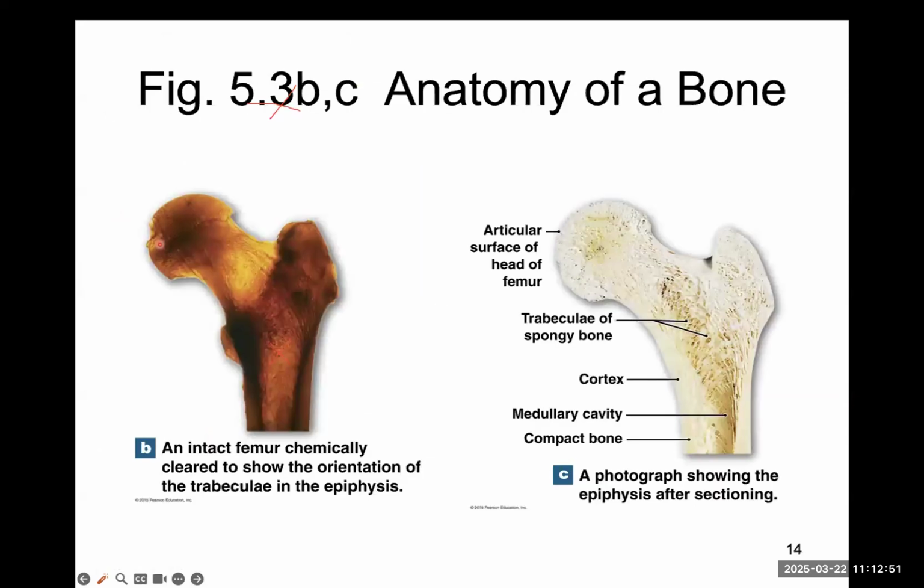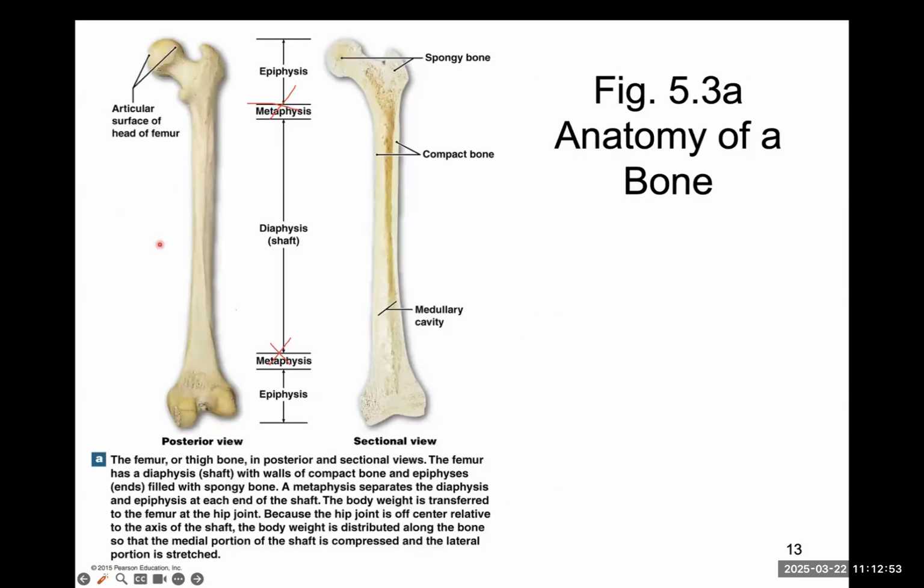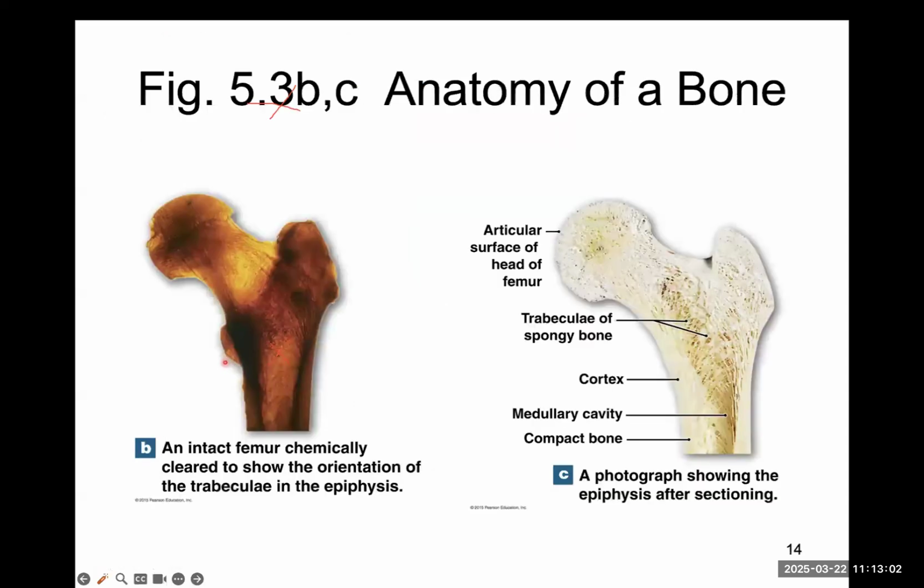Okay, so we have this femur that's going to be cut lengthwise in the lab, and we'll set it out for you for the lab exams. Part of the femur is compact bone, and part of it is spongy bone. This is the spongy bone.